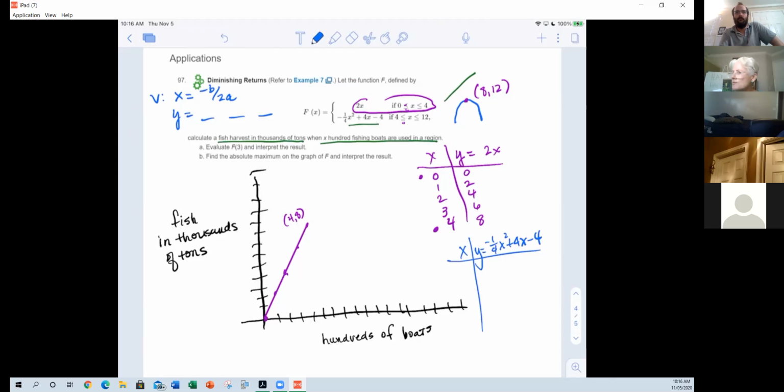Since I have this 1/4 x squared, I'm going to pick numbers between 4 and 12 that are divisible by 4 because I don't want fractions. I don't want to deal with them. So I'm only going to pick 4, 8, and 12. And I'm going to have an open dot on 4 because this was a typo, and a closed dot on 12.